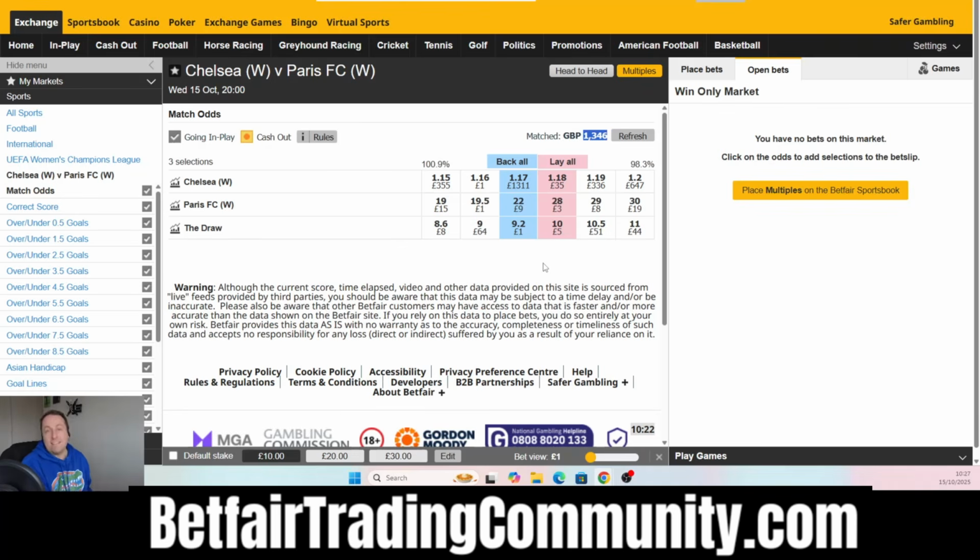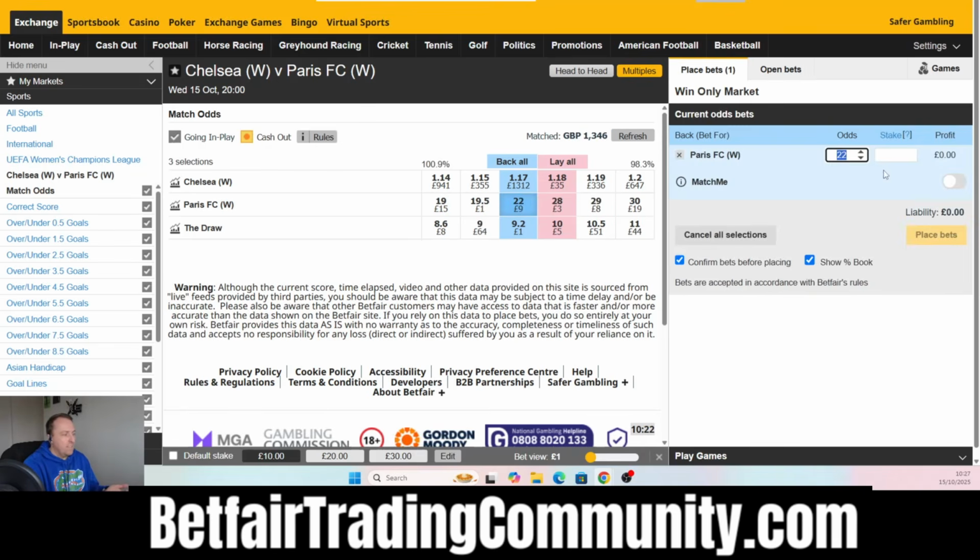Here's the reason it's essential: entry and exit speed. If I'm trading this match, let's say I want to back Paris FC at 22. Well, if Paris FC score, how much is the price going to come in? It's going to come in, but how much am I going to be able to lay it off at a good price?